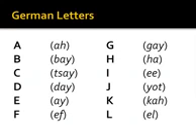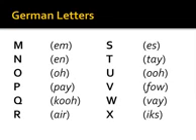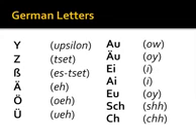So, we have A, B, C, D, E, F, G, H, I, J, K, L, M, N, O, P, Q, R, S, T, U, V, W, X, Y, Z. Now, those are the ones that we're familiar with from the English alphabet.